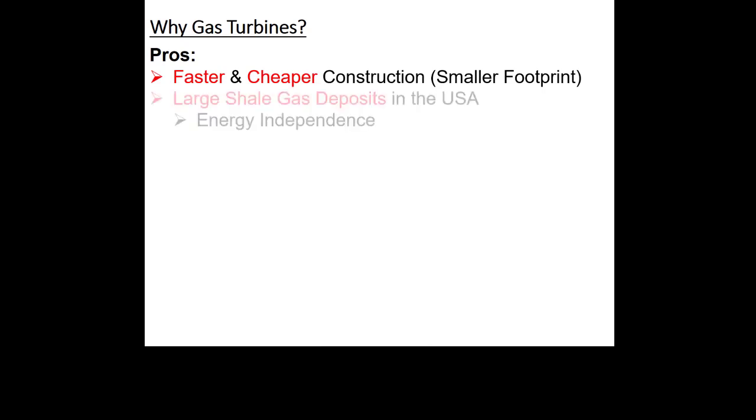So the good things about gas turbines: they're faster and cheaper to construct, particularly when you're comparing them to nuclear power plants, which are zero emission but have the potential for catastrophic failure. We have natural gas that we can burn here in the United States, so this is something that we can get for ourselves, so we're not dependent on some global supply chain.